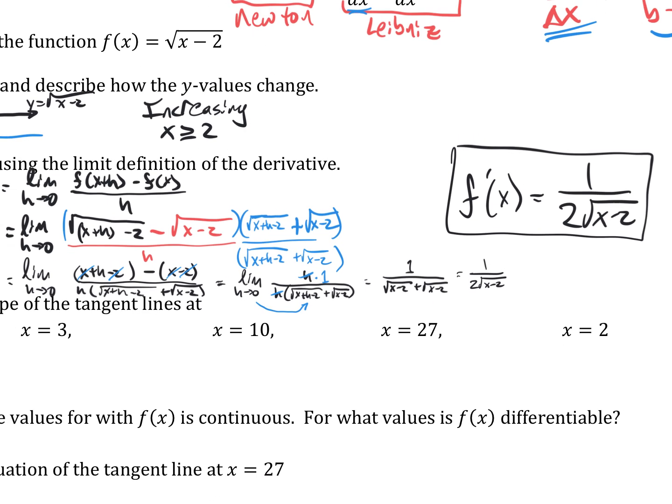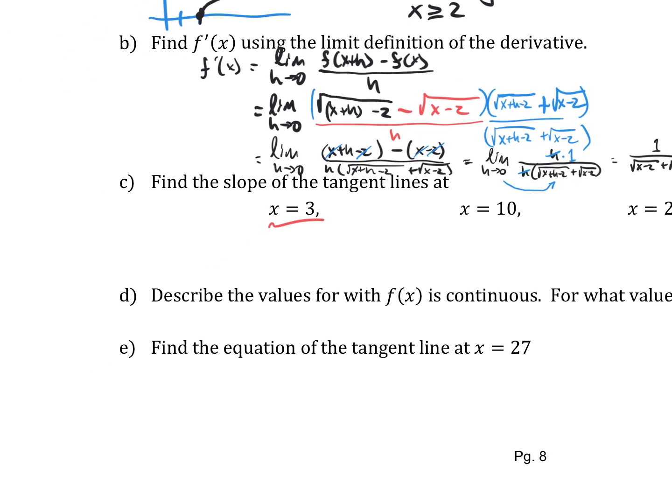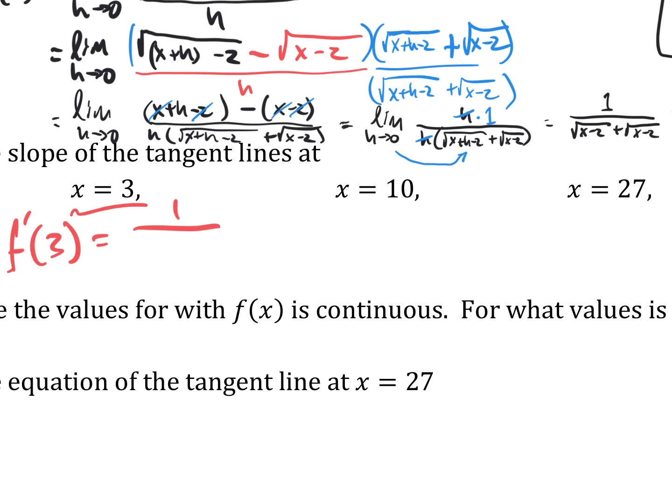What does that mean? Well, the derivative is the slope of the tangent line. So if we plug in 3 here, the derivative of f at 3 is going to be 1 over 2 times the square root of 3 minus 2.